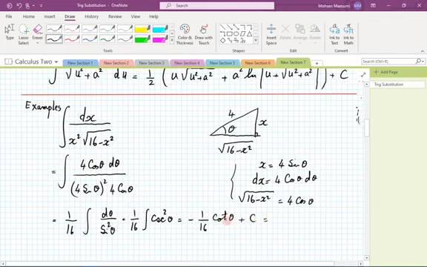Back substitution is quite easy. What is the meaning of cotangent? Ratio of adjacent to the opposite. So we are going to be using all these. So we have minus 1/16 times the ratio of adjacent, that is the square root of 16 minus x squared, to the opposite, x, plus a constant.